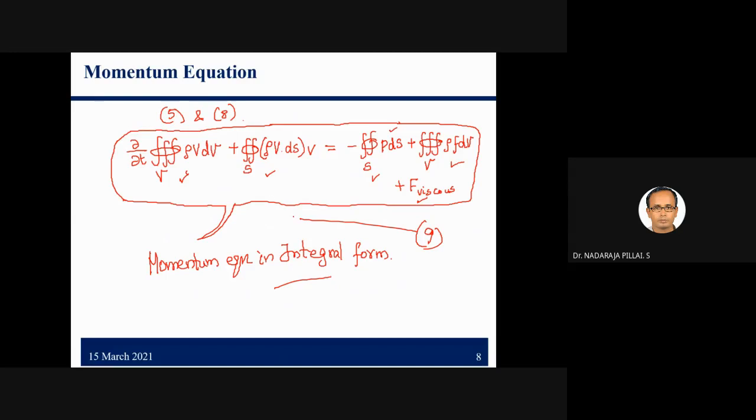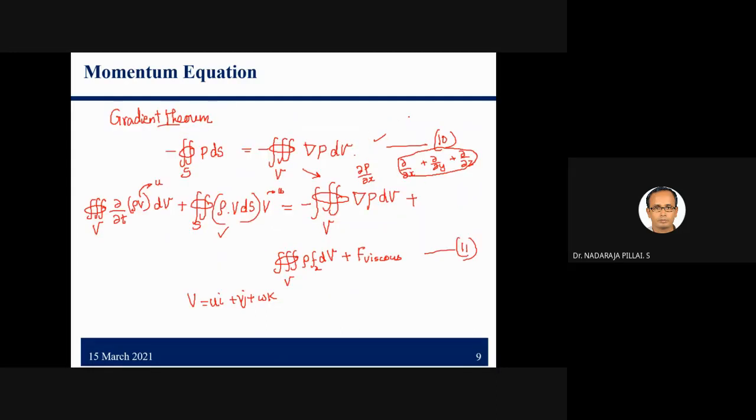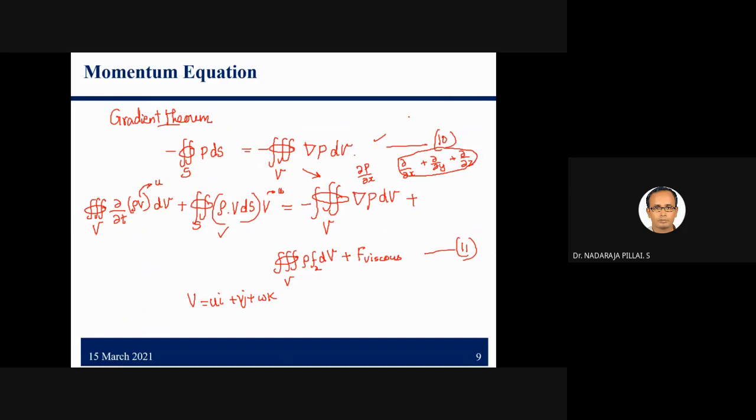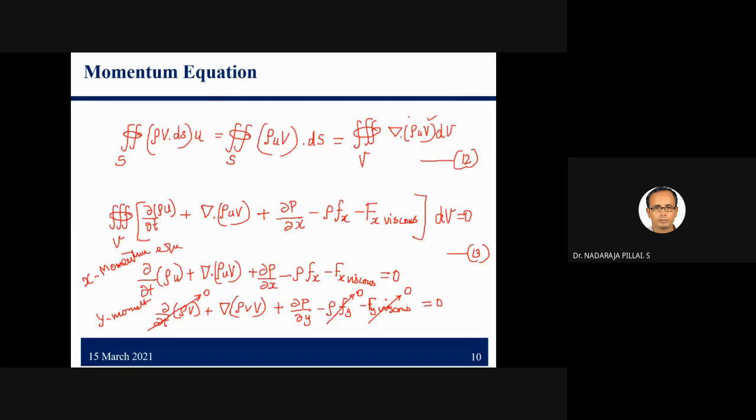What I did here is that this term is a double integral, and this term is a double integral. I applied the gradient theorem and then the divergence theorem, and I get the equation in a useful form. Then we have the x momentum equation and the y momentum equation; I didn't write the z momentum equation, but we can.